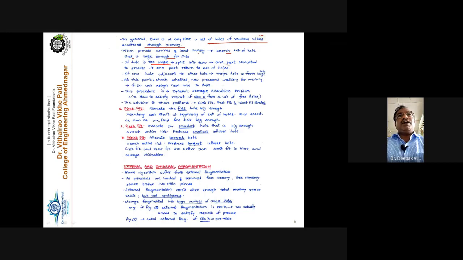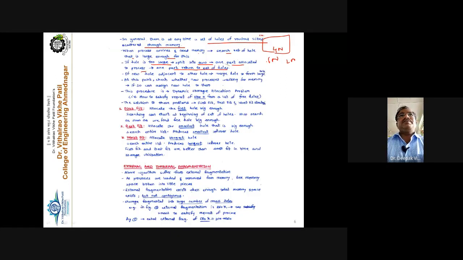If the hole is too large, then it is split into two. If the hole available is 600K and the process requires 400K, it takes only 400K and leaves 200K of memory as a hole. So one part is allocated to the process and one part is returned to the set of holes, meaning another hole is being created.